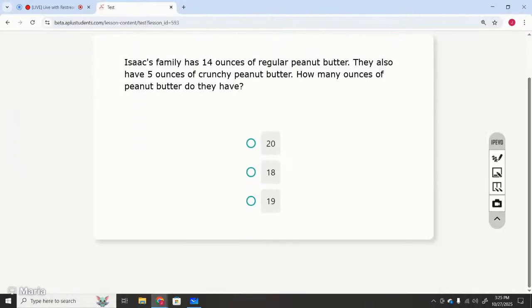Isaac's family has 14 ounces of regular peanut butter. They also have 5 ounces of crunchy peanut butter. How many ounces of peanut butter do they have? 14 plus 5, right?